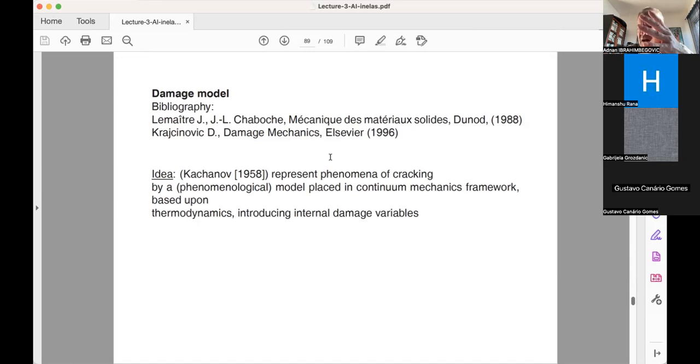On the other hand, if you have a structure which has no cracks already, the problem is that you don't know where the crack will appear. That typically depends on the subtle combination between the loading and the heterogeneity of your material.